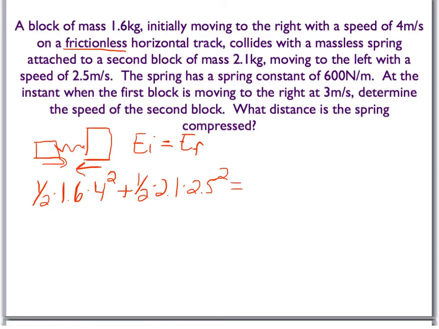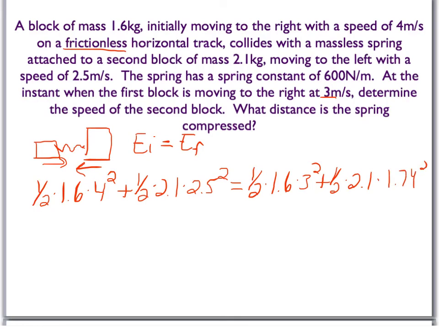Now, after the collision has occurred and these two blocks are compressing the spring in between them, each of the blocks is still moving. We still have the 1.6 kilogram block moving. It's now moving at 3 meters per second. We still have the larger block moving, and its velocity, which we just found, was 1.74 meters per second.